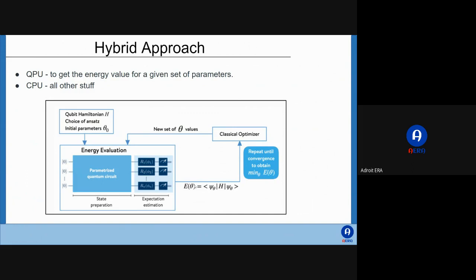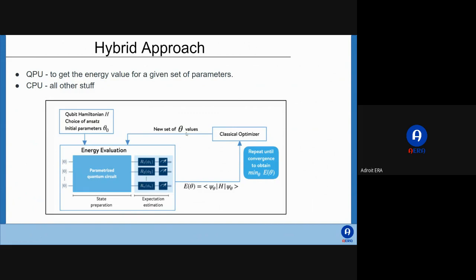If E theta is greater than E naught, meaning the energy that you found is greater than the ground state energy, then you go to the classical optimizer. You repeat until convergence is obtained, changing the thetas in the parameterized quantum circuit.